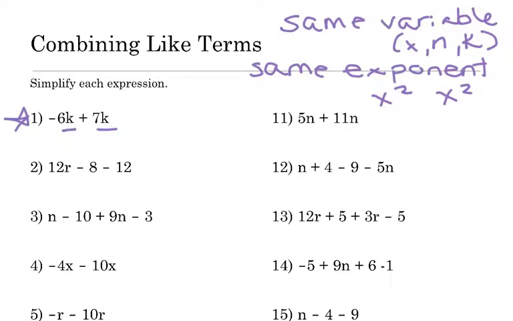Now, how you put them together is you combine their coefficients, which are the numbers being multiplied out front. So negative 6 plus 7 equals 1. And then you tag on that variable, k. So the answer is 1k.